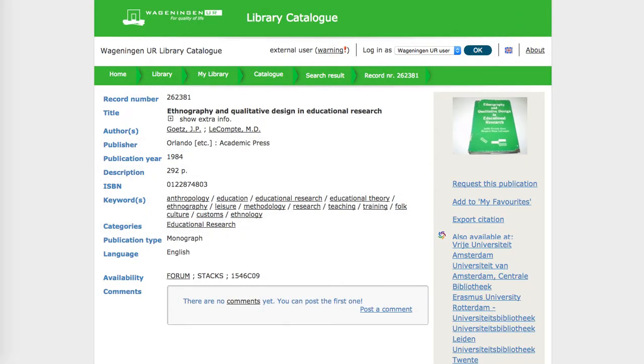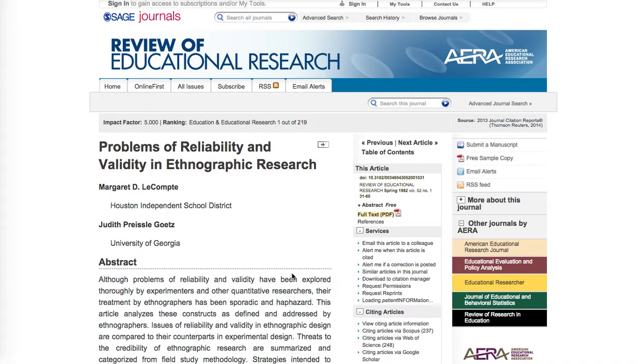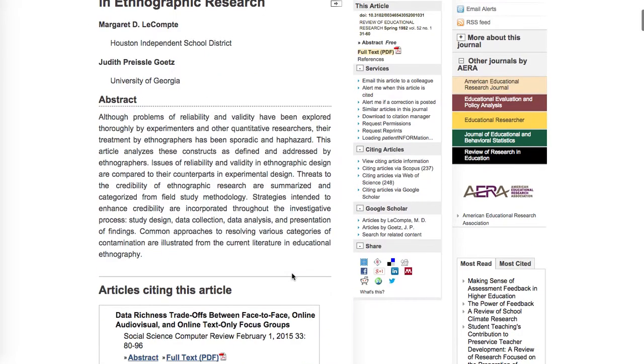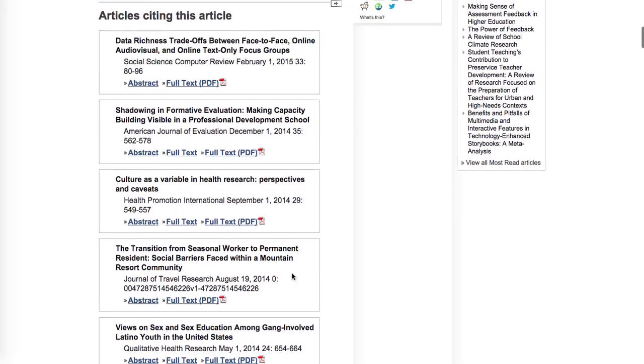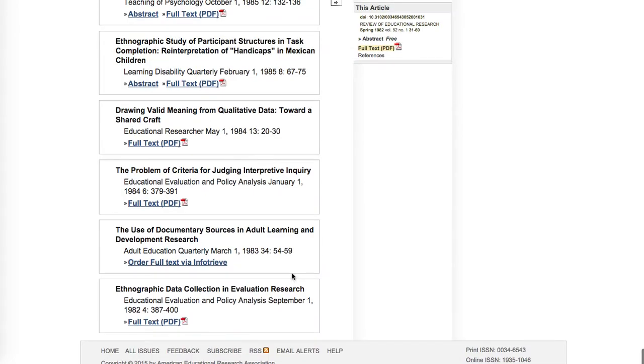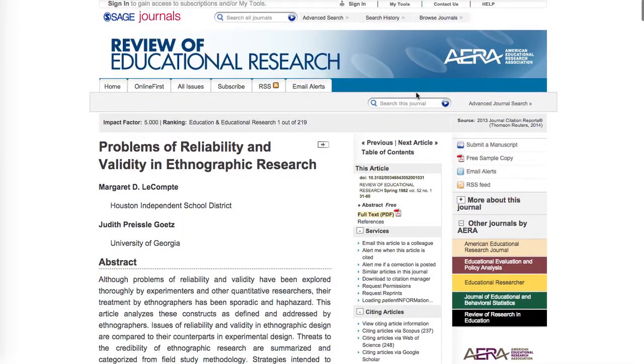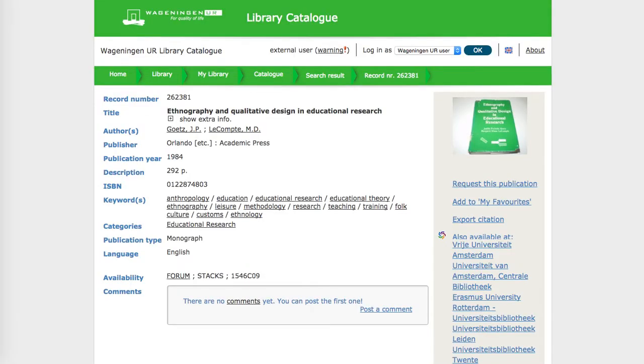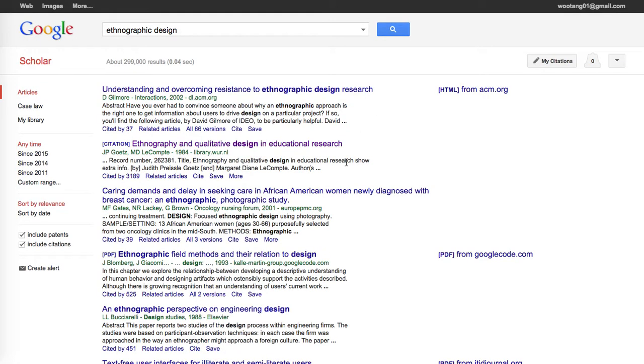Okay, here's one result, and here's another. This is a journal article, and you can see the articles citing this article. Wow. This is a popular article. So you can find other resources to help you to understand ethnographic design, and maybe some specific examples.